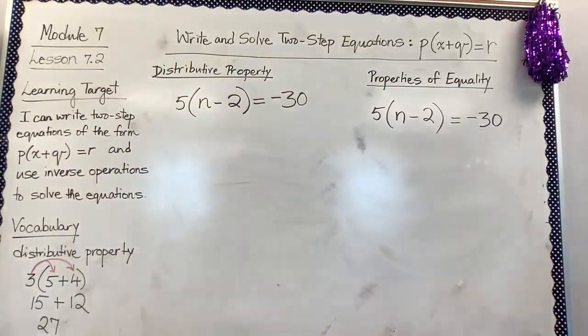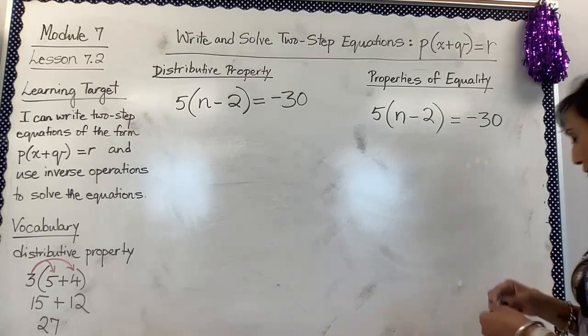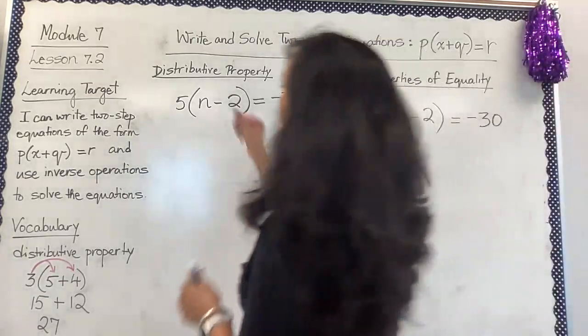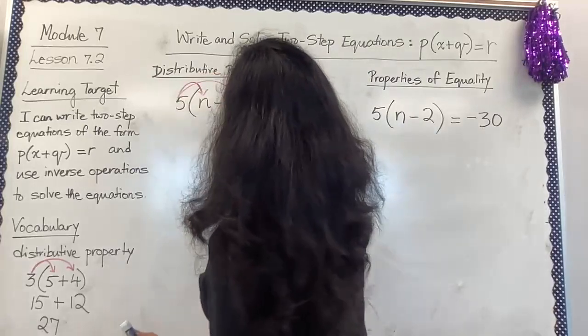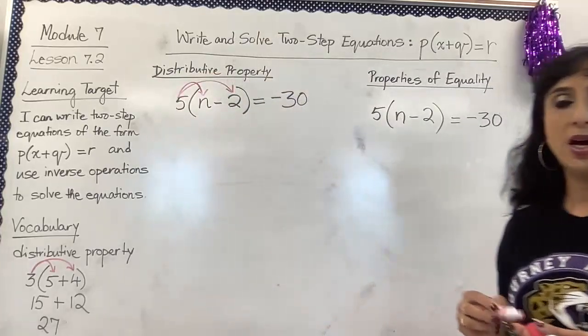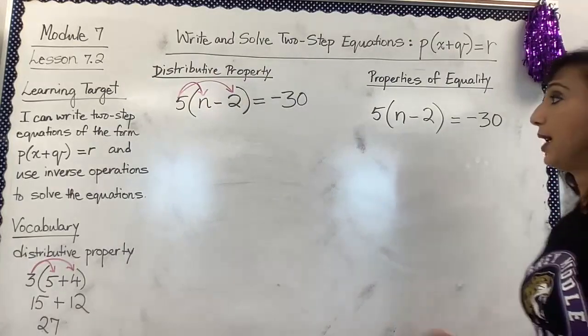Okay, so if I'm using the distributive property to solve this, what am I doing? I am again going to take this number and multiply it with each term inside. Note that this time there is a minus.